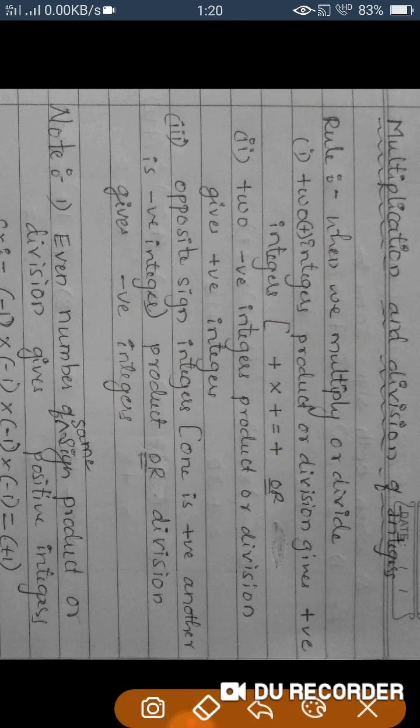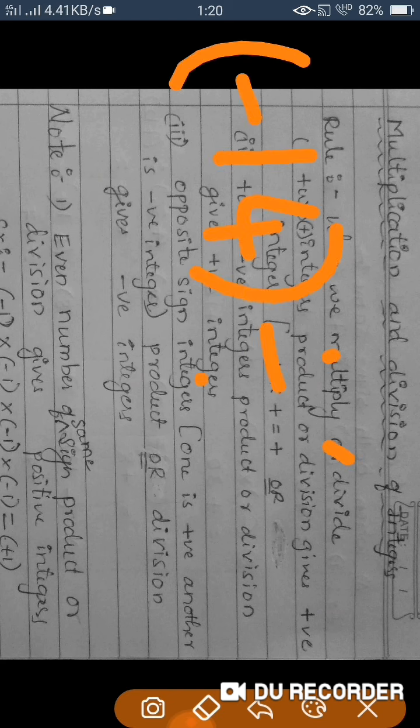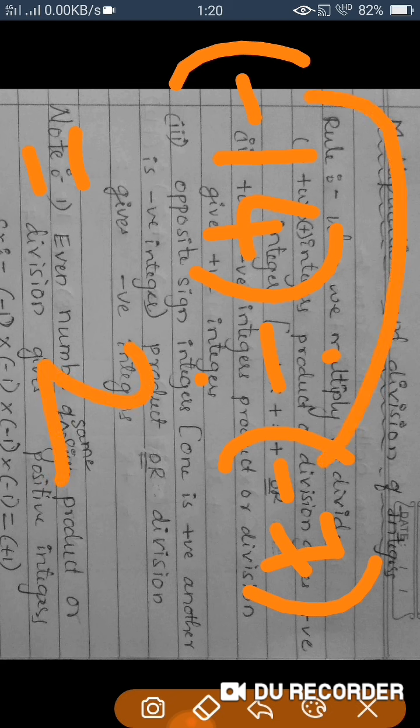Then division of negative integers: negative 14 divided by negative 7. 14 divided by 7 is 2. Both signs are the same, that's why positive. Understood? Multiplication and division is very easy.